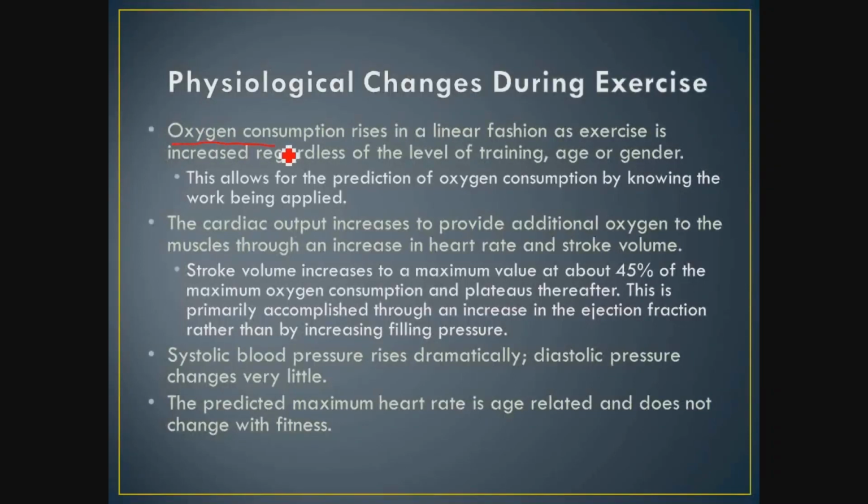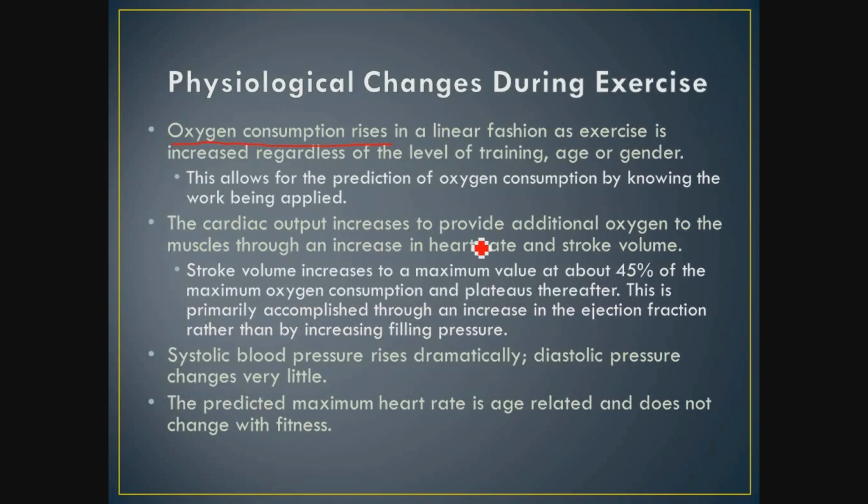is oxygen consumption rising in a linear fashion. So as I increase work, the amount of oxygen I consume goes up in a straight line. That makes logical sense. If I'm increasing the workload, my tissues need more, so they're going to consume more.